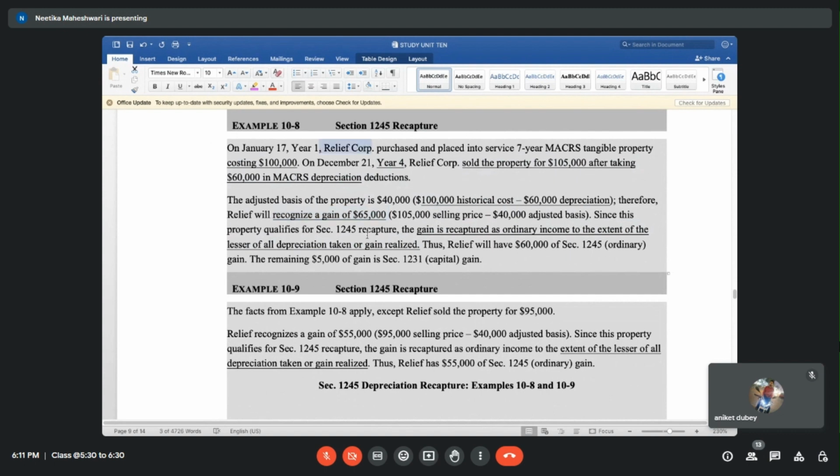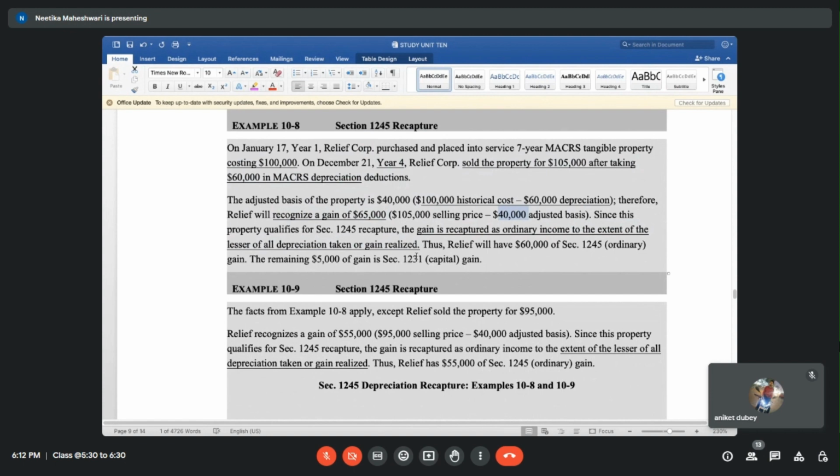Can we take the entire gain as capital gains and just put like 20%, 25%, and get done with it? No, because there is depreciation which has been claimed earlier. So we have to look into the recapture rules. This is a business property. That's why the recapture rules come into the picture. How much can we take as ordinary income out of this? The lesser of depreciation or the gain realized. The depreciation is 60,000 and the gain realized is 65,000.